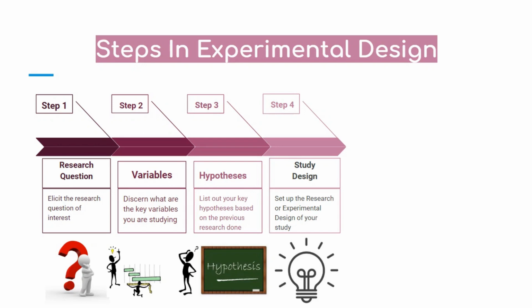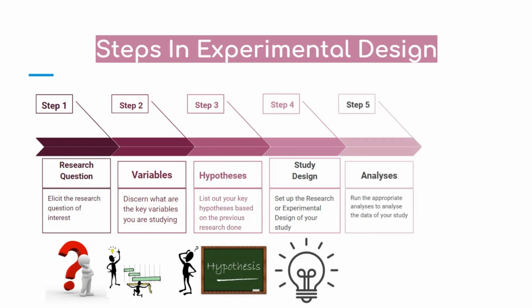Once you've gone through these 4 steps, you then move on to step 5. By this stage, we start analyzing the data that we have collected from the study that we designed in the previous stage. In this stage, we start working with statistical tests. We work with data analysis packages, programming languages such as R, or statistics software such as SPSS, and we analyze the data collected in the study.